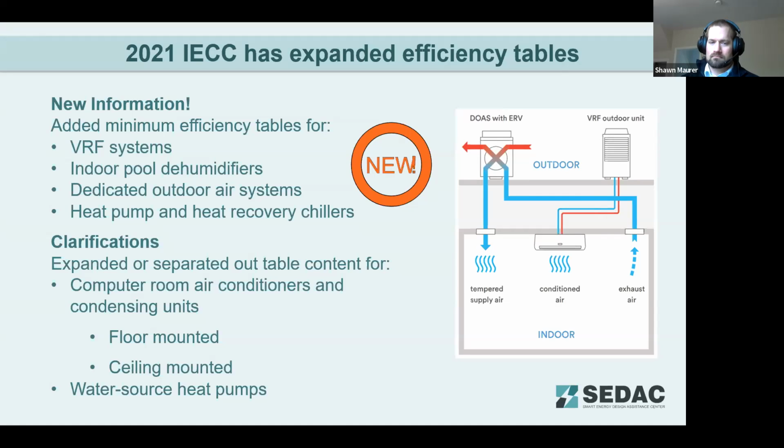The expansion of these tables also adds a little bit of clarification for speccing the efficiency of different pieces of equipment. Since you're breaking out a cooling system specifically for a computer facility, they'll have slightly different requirements than a cooling system for a typical commercial building that doesn't have such high equipment loads in it.